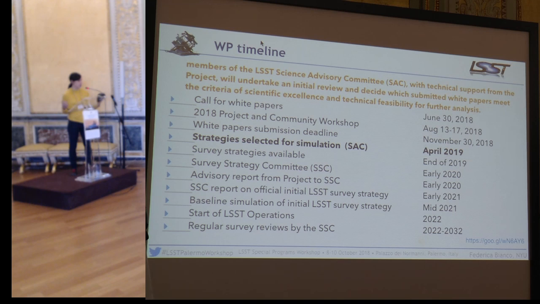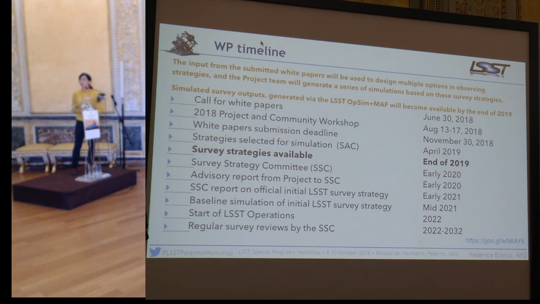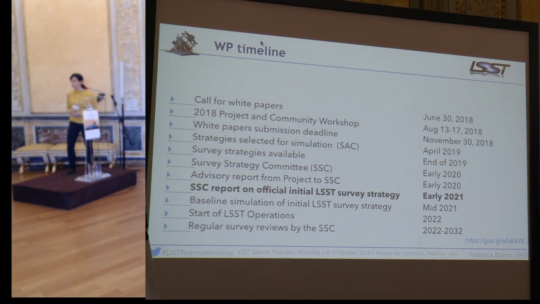This is not a proposal call, it's a white paper call, because basically what the SAC will do is propose a ranking of the white papers, such that the highest ranked white papers will be simulated for sure, and then progressively, depending on time and technical resources, you stand a lesser and lesser chance of having your simulation implemented. Then the simulations will be available by the end of 2019, and then they will be compared. I will mention how in a second.